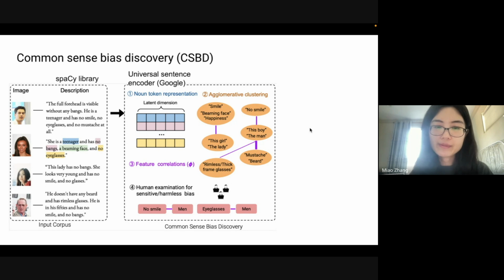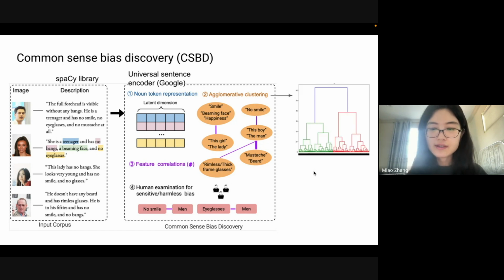Then we perform clustering in the latent space to cluster similar features. Since the number of clusters is unknown, we use hierarchical clustering. The method assumes each single sample is a single cluster initially, and gradually from bottom to up merges close clusters until some distance threshold is met.